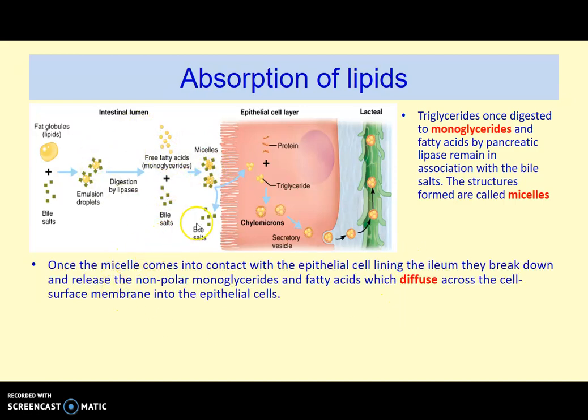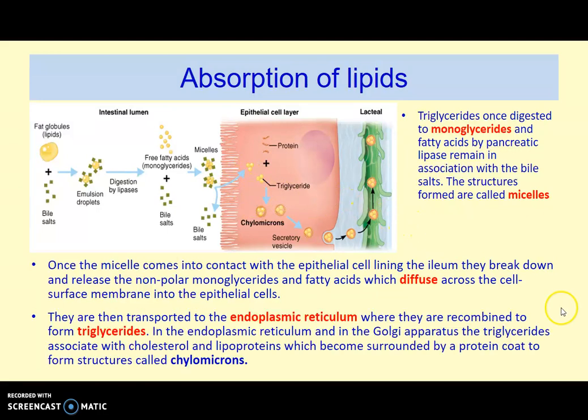Once the micelle comes into contact with the epithelial cells, it breaks down and releases those monoglycerides and fatty acids. Of course, they can just diffuse across the plasma membrane by simple diffusion and into the epithelial cells.